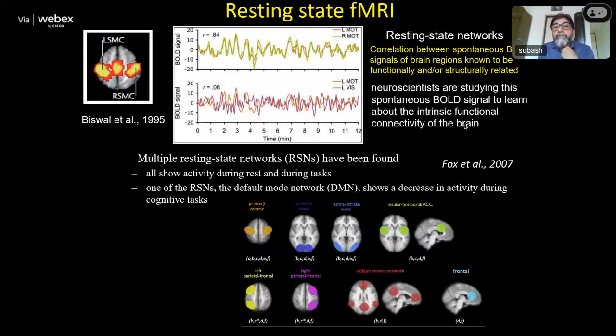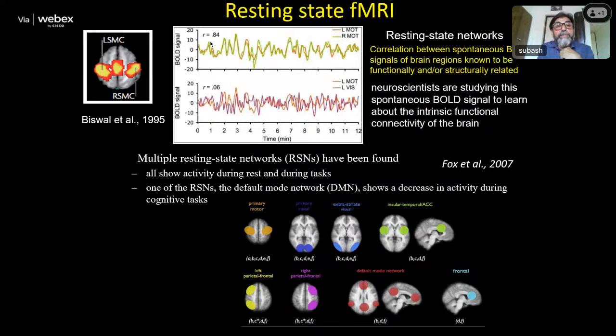The first experiment was done by Biswal, an Indian scientist, who took the area in the motor cortex, the right and the left motor cortex, and studied the noise. He looked at the correlation between the noise from the two hemispheres, the left motor area and the right motor area, and also the supplementary motor area, which I showed you last time.